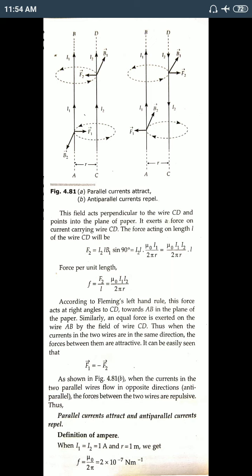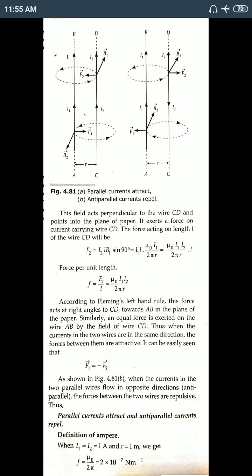In this figure you see that we consider any point, and the magnetic field B1 is mu 0 I1 by 2 pi r, because these are infinitely long wires, and for an infinitely long wire we know the magnetic field is B equals mu 0 I by 2 pi r.